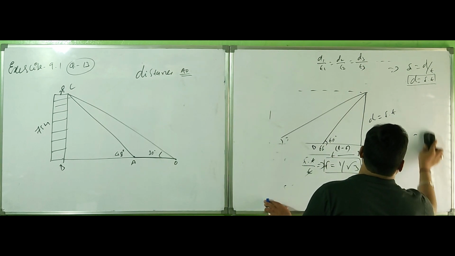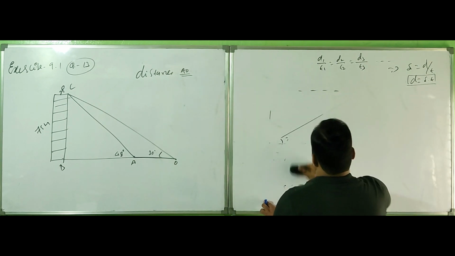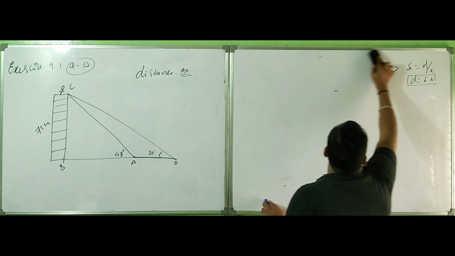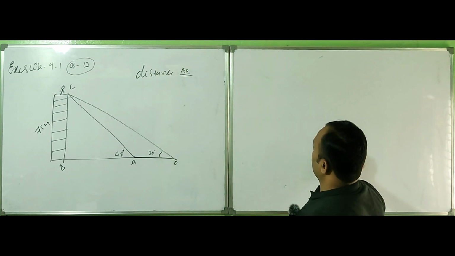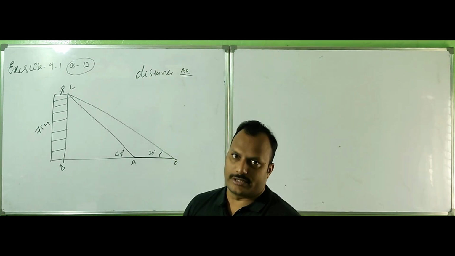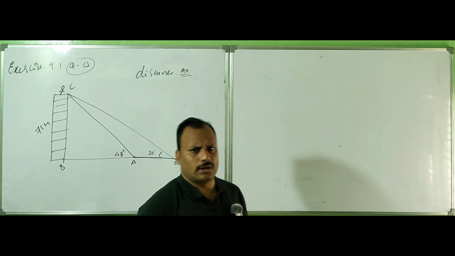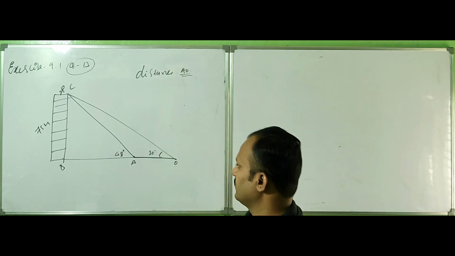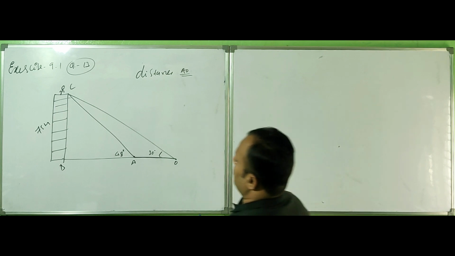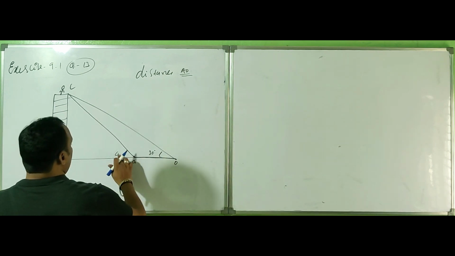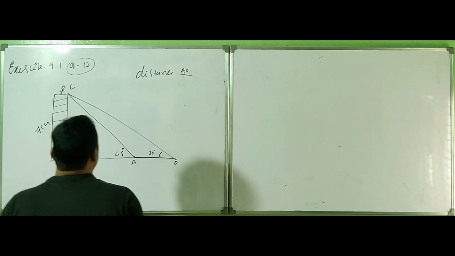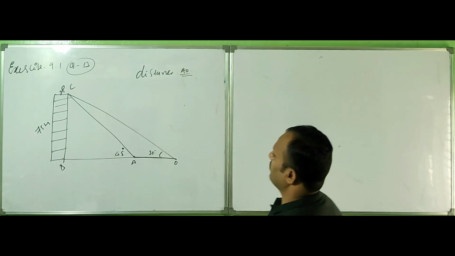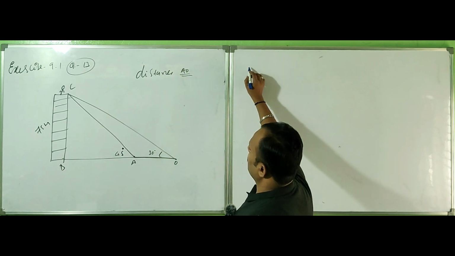Whatever they have given, the height and one angle. Almost always tan is used, height and distance also. Be careful, this is the 45 degrees. First I will find the distance BA.